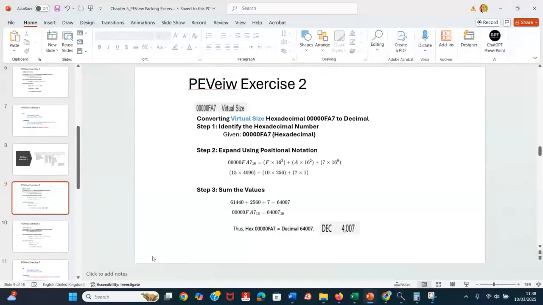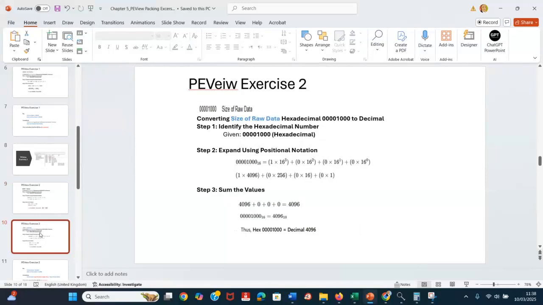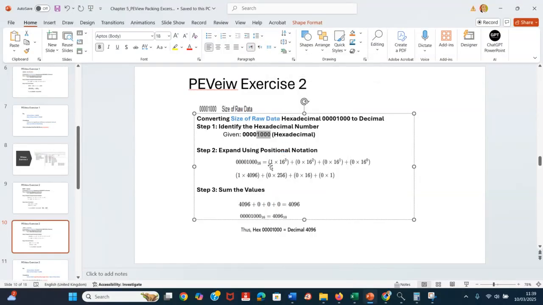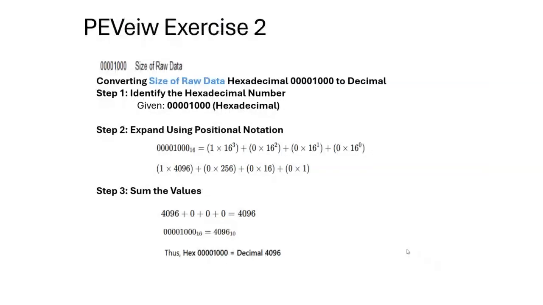Okay, so I go to the next one, which is the raw data. I hope I didn't make the same mistake here. So the raw data section, we have a raw data of 1000. Okay, this is the raw data value. Yeah, so let me do the slideshow.